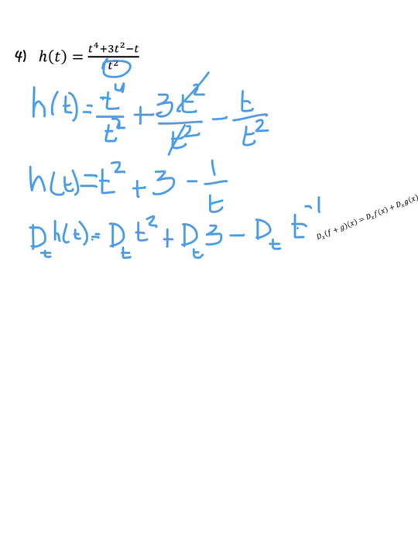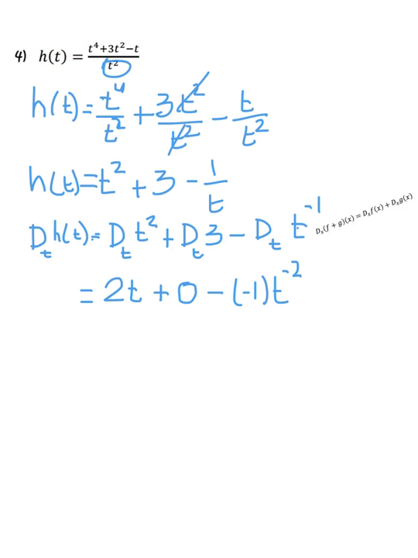This is the sum rule: the derivative of f plus g equals the sum of the derivatives. Then we obtain the derivative of t squared, which is 2t, plus the derivative of 3, which is 0 because it is a constant, and then the derivative of t to the negative 1, which is negative 1 times t to the negative 2.